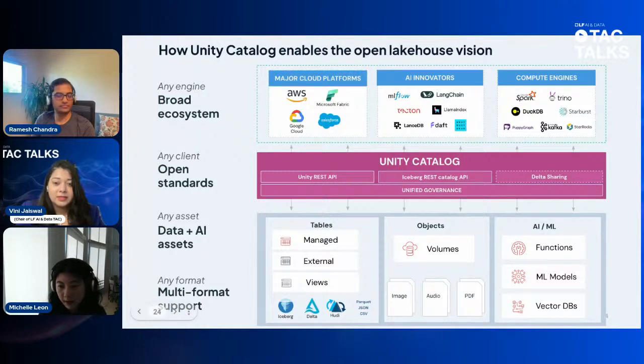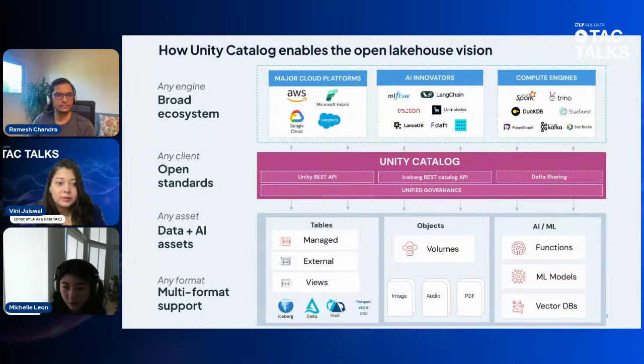At its heart, Unity Catalog implements both the native Unity REST APIs, which is that open standard for data and AI governance and metadata management, and also implements the Iceberg REST catalog API. And in the future, in our upcoming roadmap, we also want to implement Delta Sharing, another open protocol for data sharing.